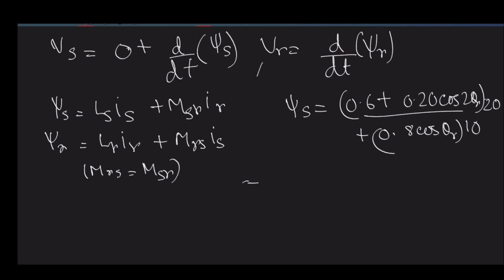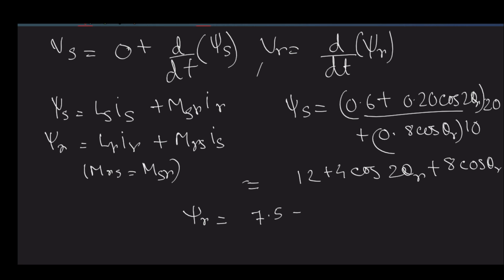Solving which you will get 12 plus 4 cos 2 theta r plus 8 cos theta r. And similarly in your psi r you will be getting 7.5 plus 3 cos 2 theta r plus 16 cos theta r, right? So this is psi s and this is psi r.